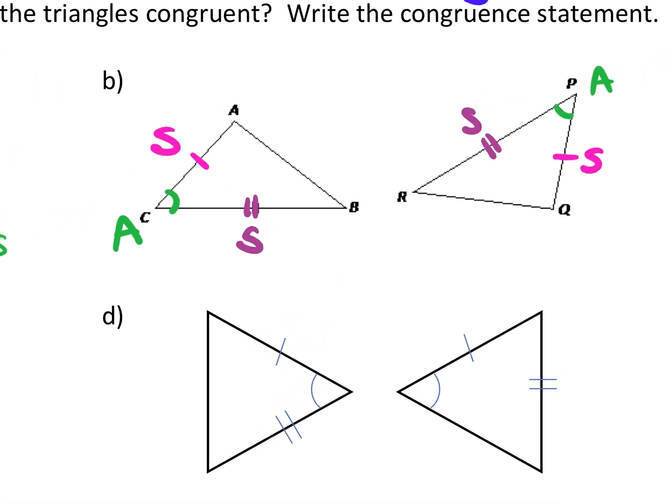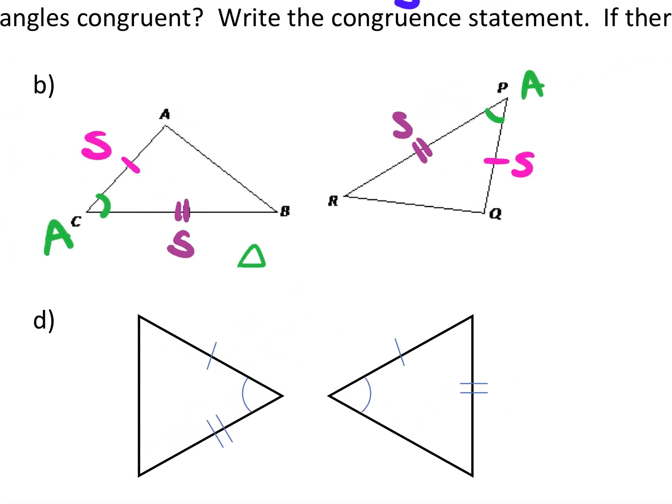Now be careful how you name it. What triangle is congruent to what triangle? If I say ACB, what is ACB congruent to? QPR, right? If I started at A, there's no marking there. I went through the single mark to the double.